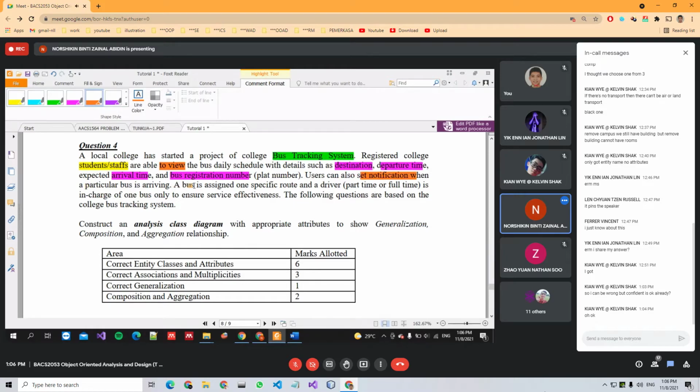A bus is assigned. This one is not this setting. One specific road is in charge of one.